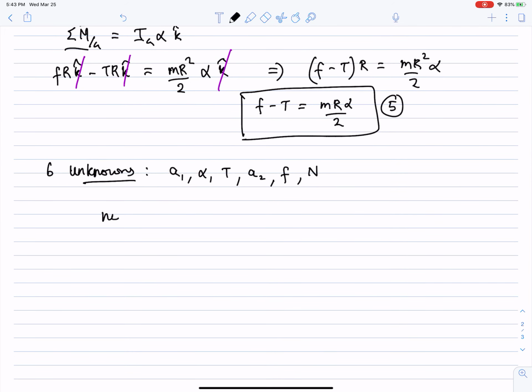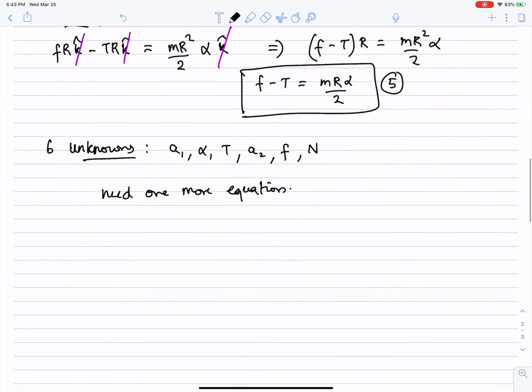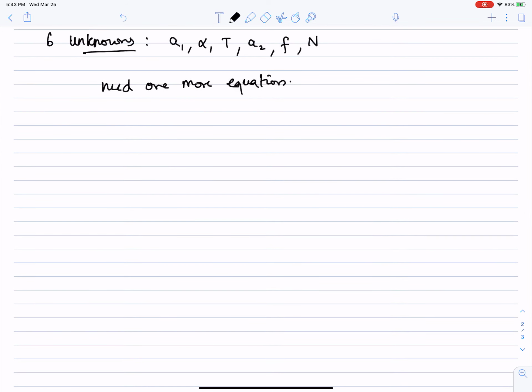Need one more equation. It's a relation between A2 and alpha.